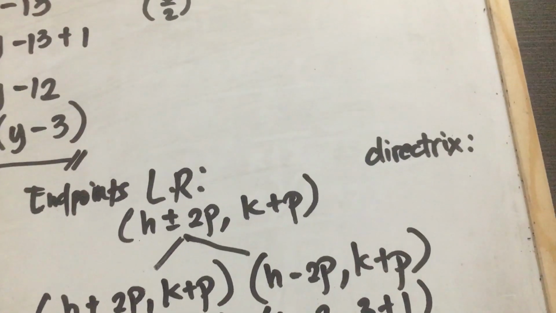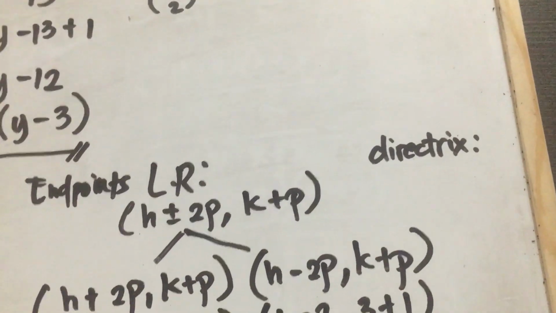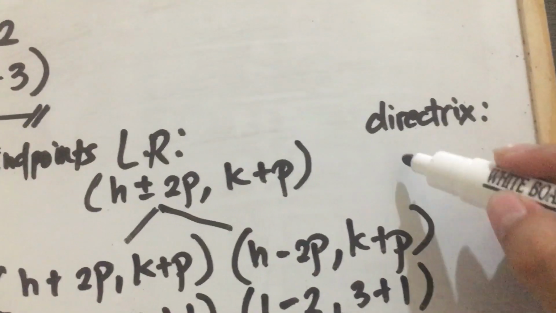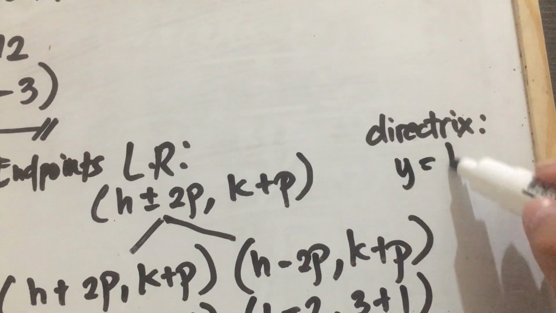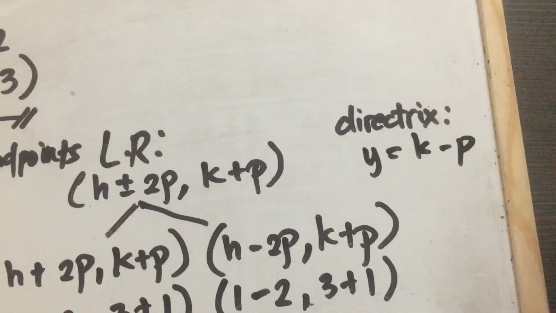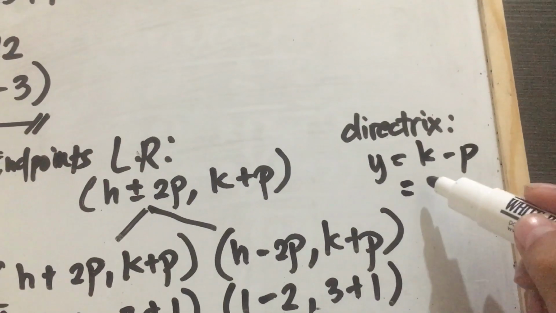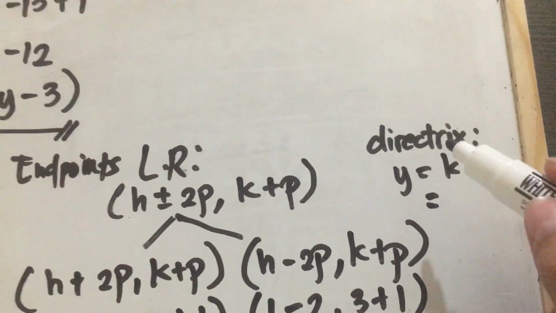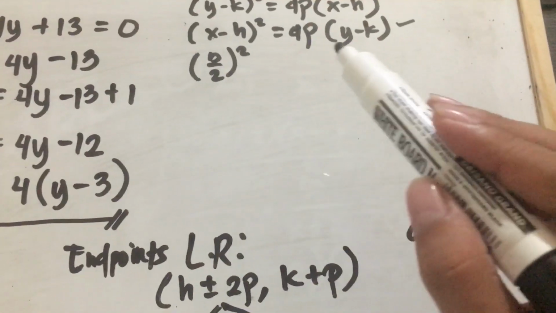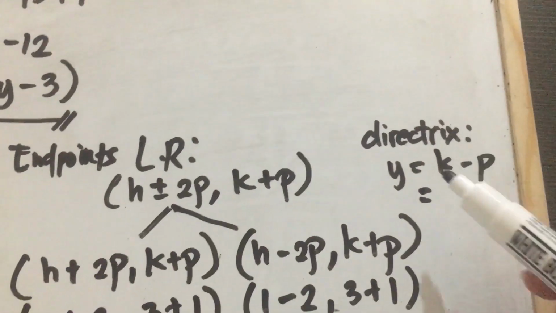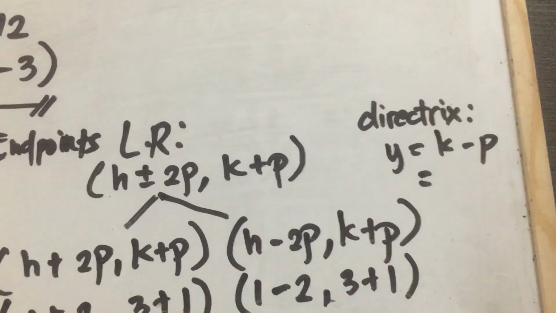So the directrix is in terms of y. That is y is equal to k minus p. So this is the formula for the directrix in terms of x minus h squared equals 4p times y minus k: y is equal to k minus p.